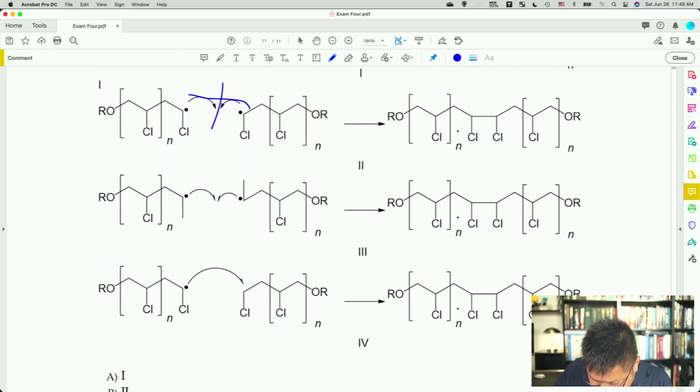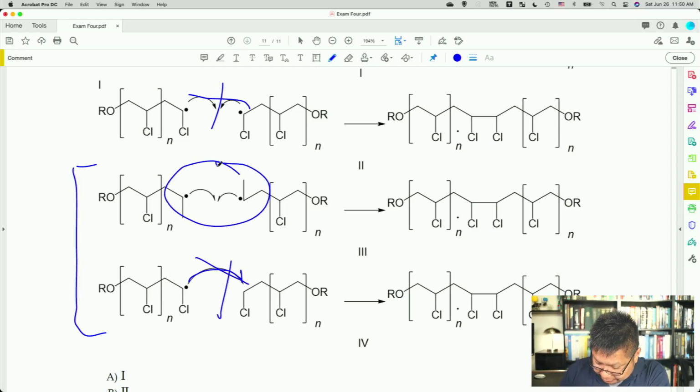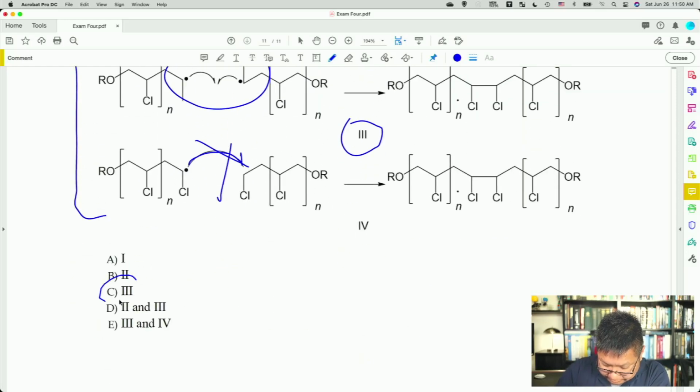It only leaves these 2 here. But remember, when you're doing a radical reaction, 2 radical electrons must come together to join each other. It's not like when you do it with a pair of electrons. So a single barbed arrow right here is incorrect. The only one that's got the correct arrows is this one. That's structure 3. And so the answer there is 3, or C. And that actually ends the test.